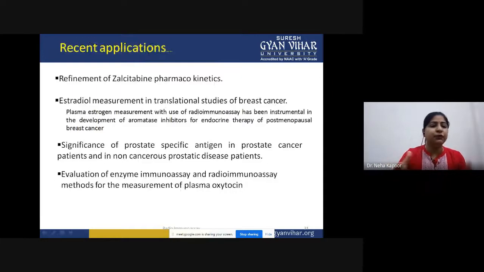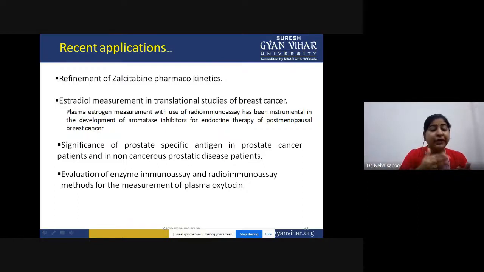However, these are a few recent applications: refinement of zolcatabine pharmacokinetics with the help of RIA. Estradiol measurement in translational studies of breast cancer, in which plasma estrogen measurement with this technique has been instrumental in the development of many aromatase inhibitors for the endocrine therapy of postmenopausal breast cancer.